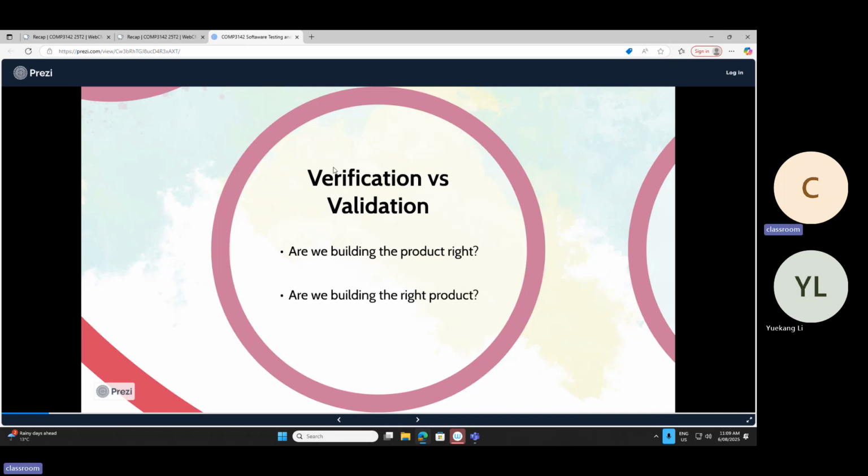It's verification. And are we building the right product is validation. Verification is more like thinking from the engineer's point of view about the quality of the software. And validation is more like thinking from the user or the customer's point of view about the quality of the software.